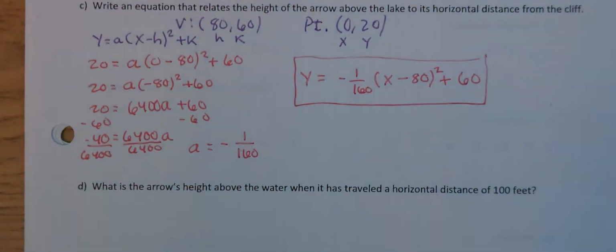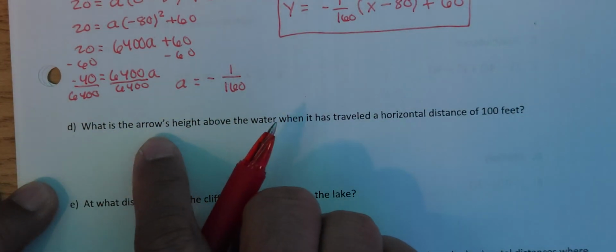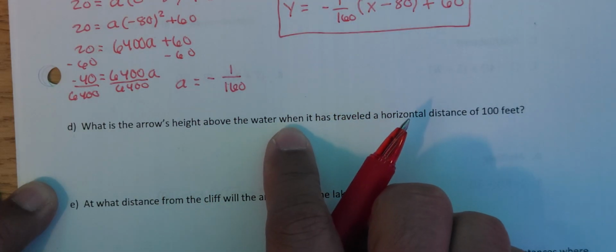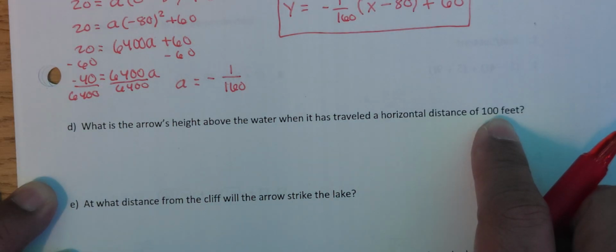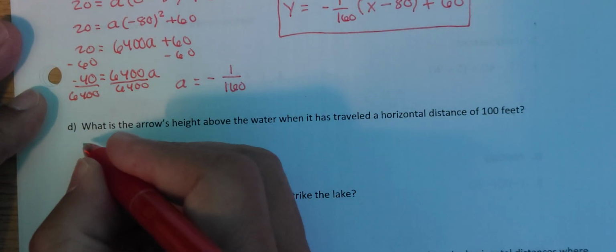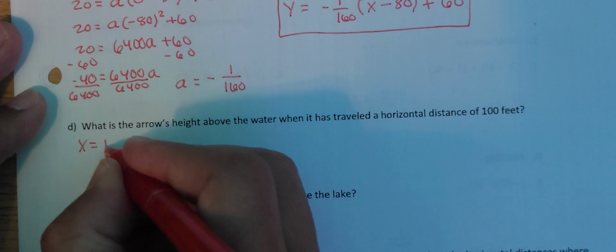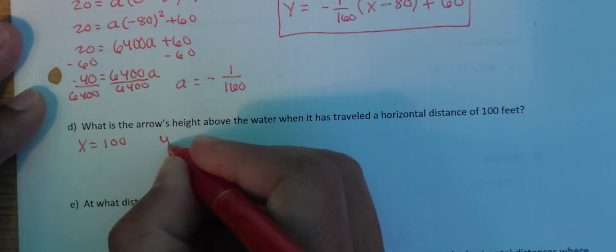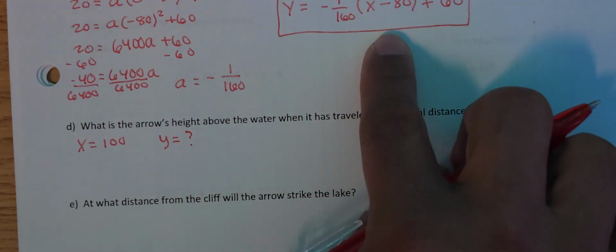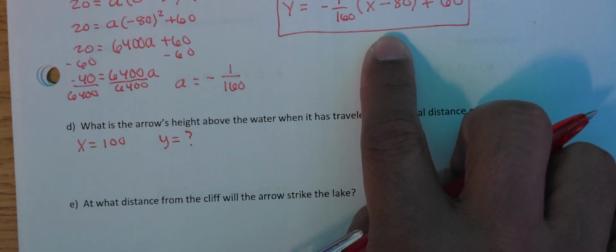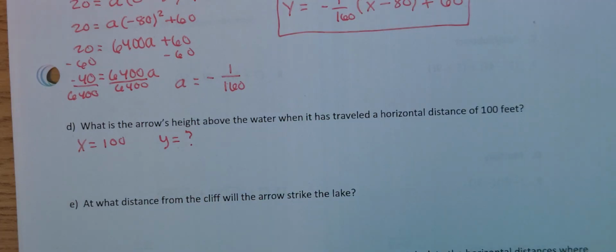Okay. All right. Part D says, what is the arrow's height above the water when it has traveled a horizontal distance of 100 feet? Which means when x equals 100, what is the y value? So what is y equal to? Once we have the equation, all we have to do is graph this.